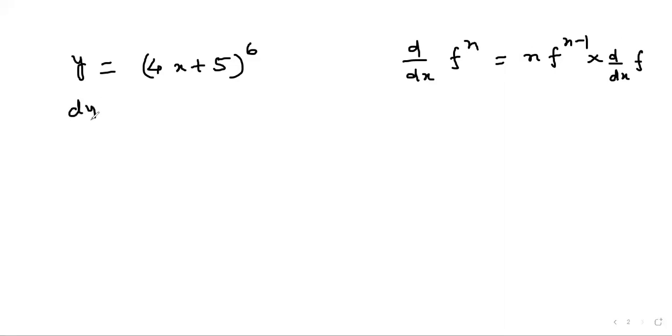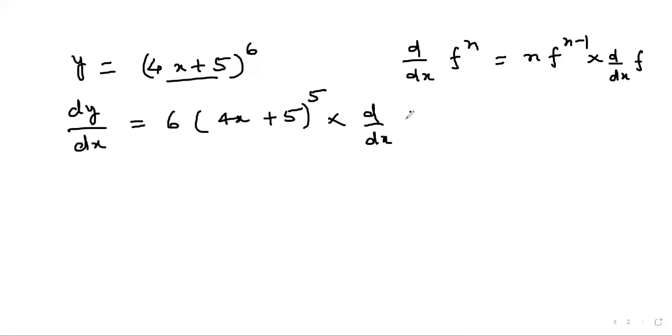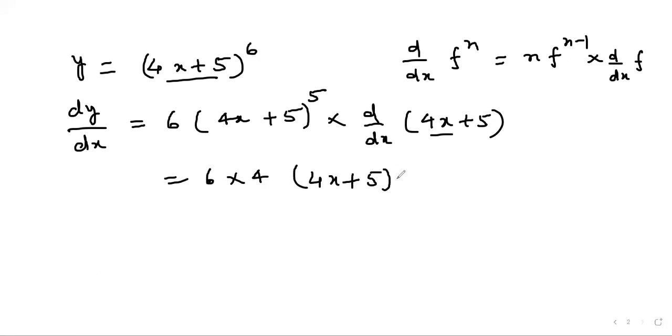So here it will become dy by dx equal to 6 into 4x plus 5 power 5 times d upon dx of 4x plus 5. So 4x plus 5 will give 4. So this 4 we can write here, 6 into 4 times 4x plus 5 whole power 5, that is 24 times 4x plus 5 whole power 5, which is our answer.